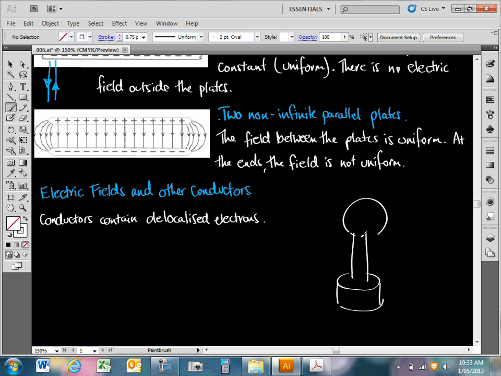At the top, what we have is a hollow metal sphere, usually made of aluminium. There's probably better conductors, but aluminium's reasonably cheap and abundant. So we make the spheres out of aluminium.